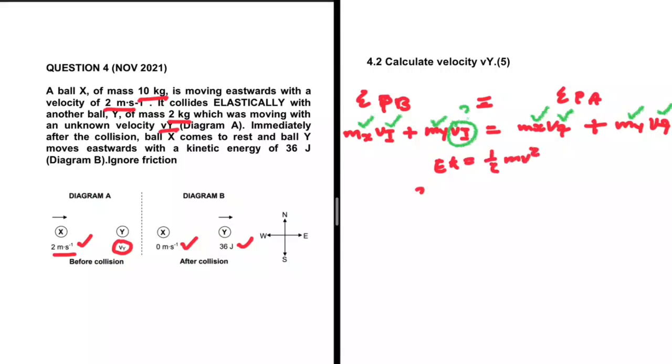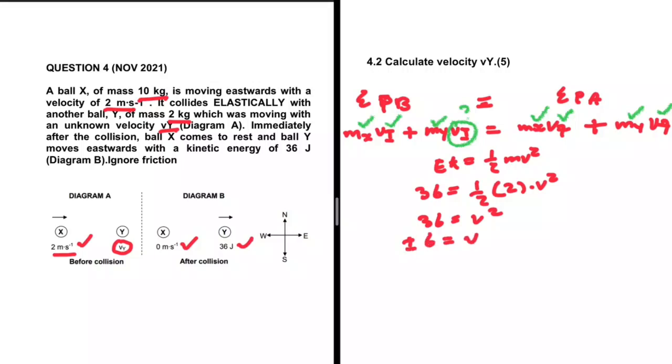The kinetic energy is 36 joules. This will be equal to 1/2, the mass for ball Y is 2 kgs, v squared. So 36 is equal to a half multiplied by 2, that is 1. So 36 is equal to v squared. So plus or minus 6 is equal to v.